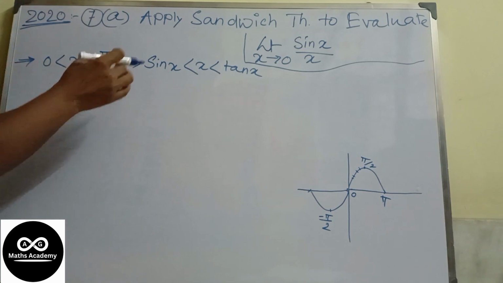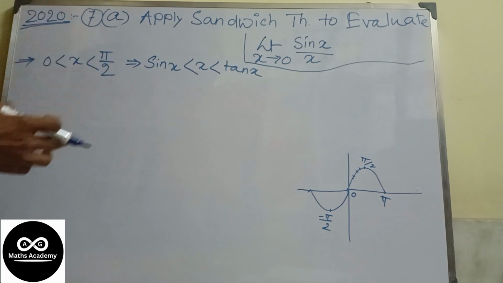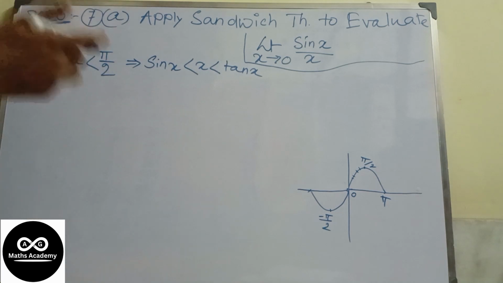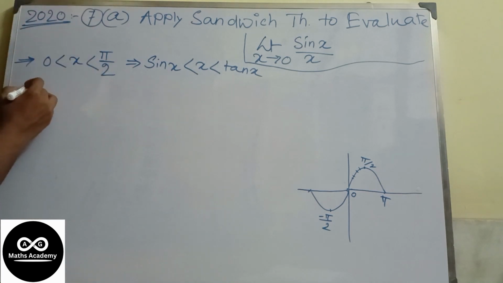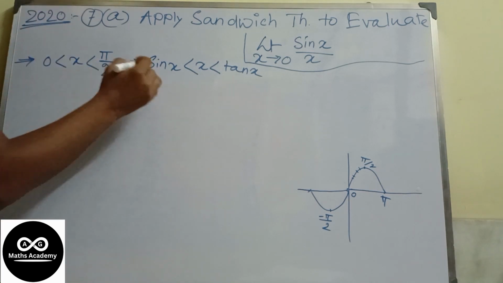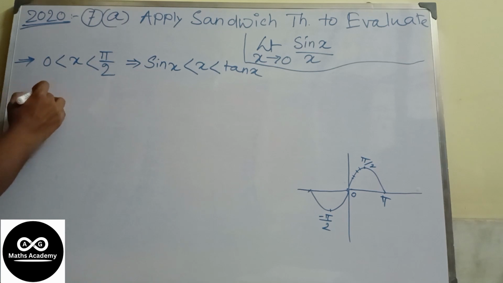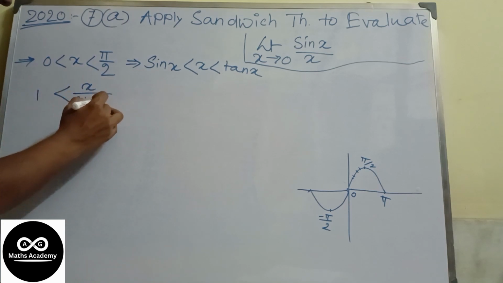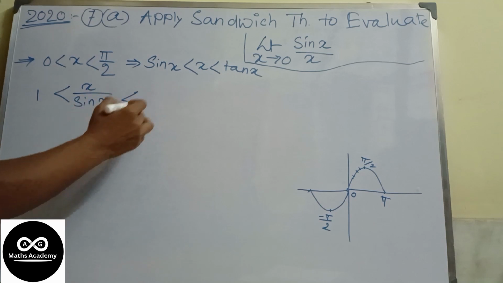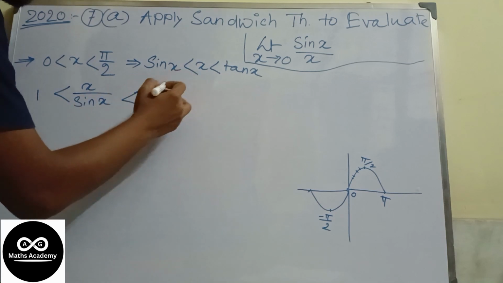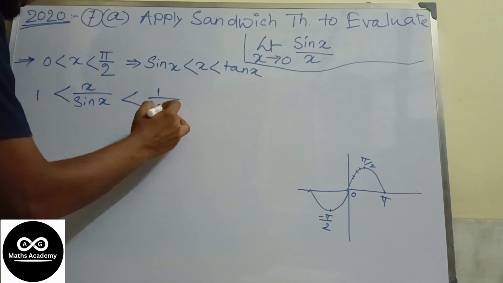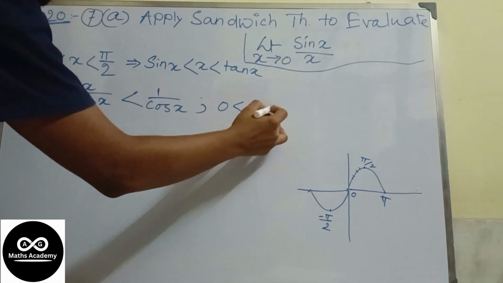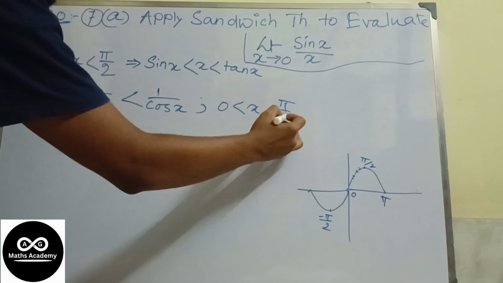Now we are going to divide each of the terms by sin x. Then it will become 1 less than x by sin x less than 1 by cos x, where x is in between 0 and pi by 2.